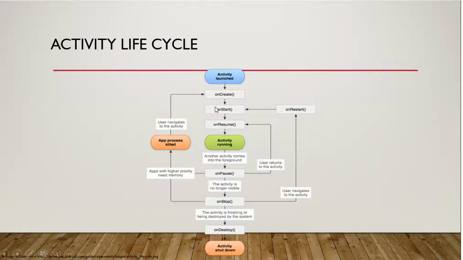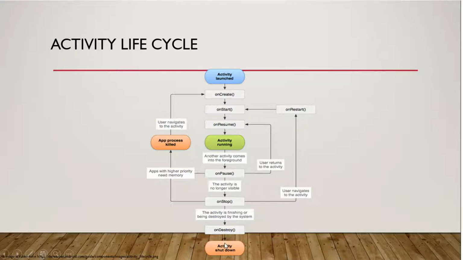All the memory in which this activity is initialized, where some variables are using some memory, will be erased, or maybe used by some other activity. So this activity will be totally removed from the RAM memory.